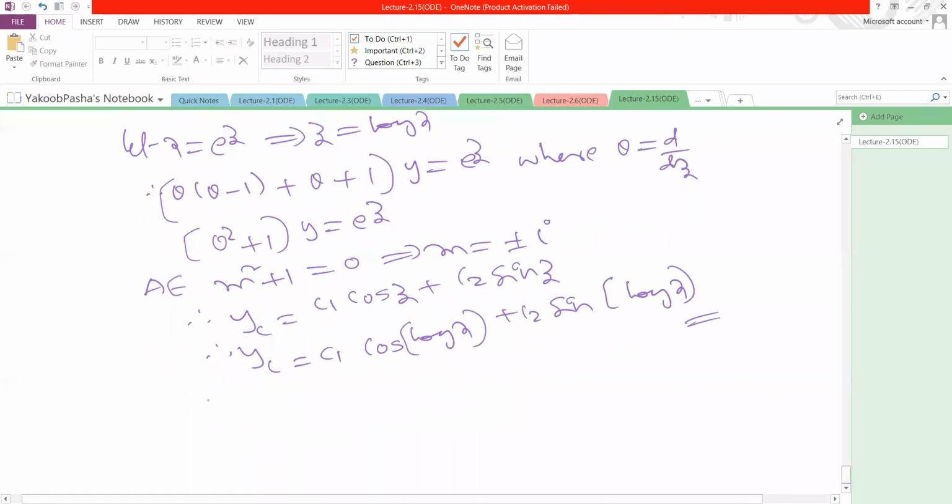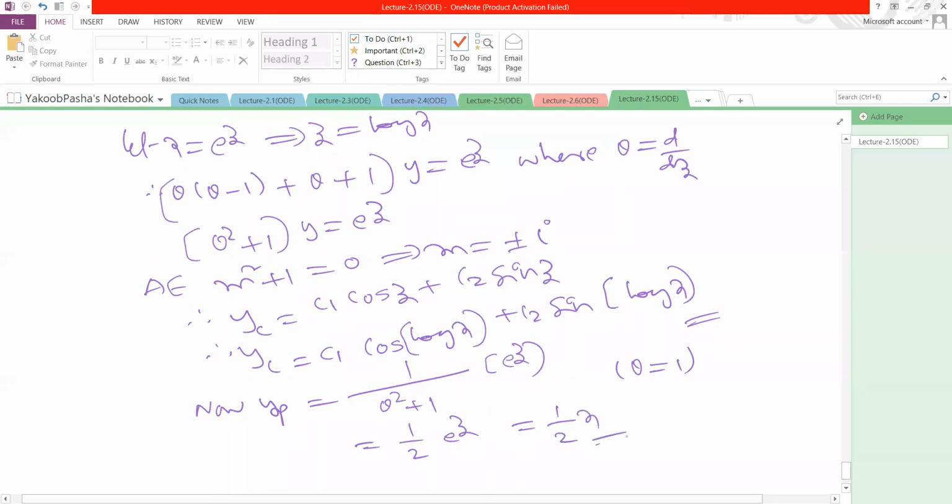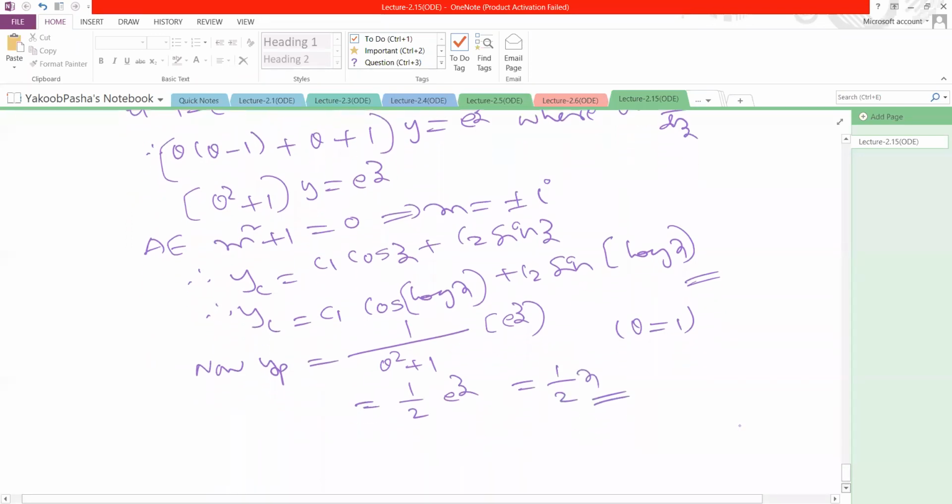Now we go for the particular integral. Now yp is equal to 1 divided by theta square plus 1 e power z. Now replace theta is equal to 1 here. So this is equal to 1 by 2 e power z, and 1 by 2 e power z is x by 2. This is the particular integral.